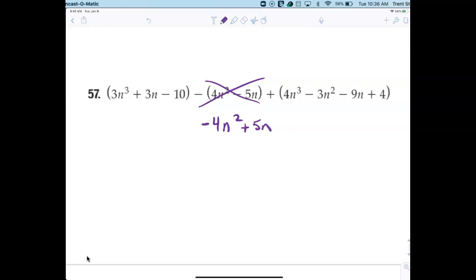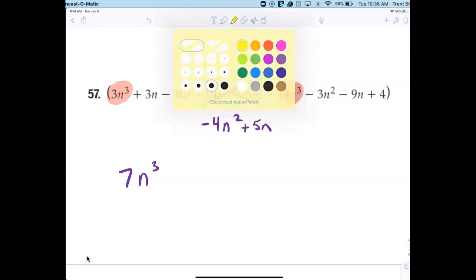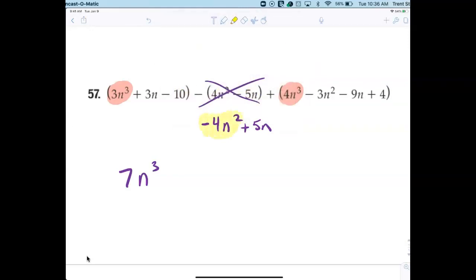Altogether, 7, right? The total, yes. That's good. So that's going to be 7n cubed. Now, notice how I highlight things so I don't accidentally count them over.